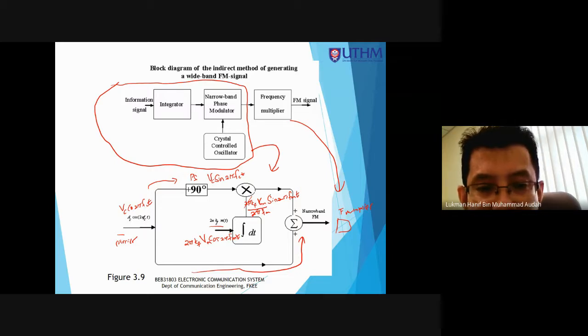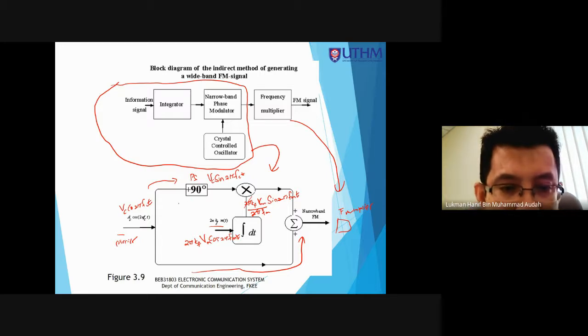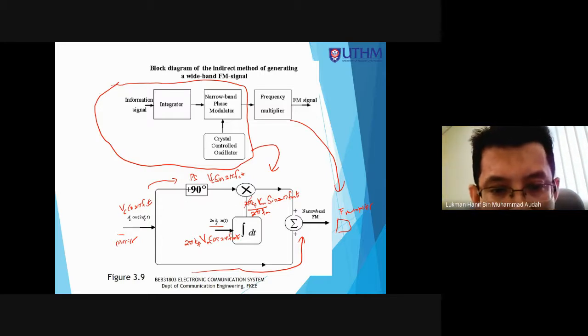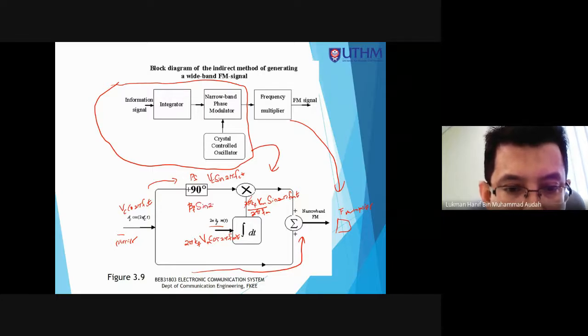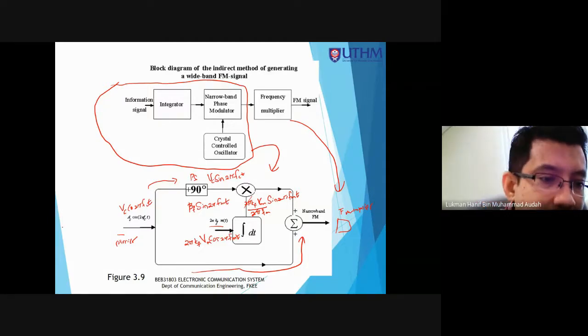kf VM over fM. That means dia akan jadi seperti ini. Saya buat di sebelah sini. Bermakna kf VM over fM is beta f. Bermakna, saya tulis balik beta f sin 2 pi. Okay. Where beta f, ni saya buat kat sini beta f adalah sama dengan kf VM over fM ataupun delta f over fM.